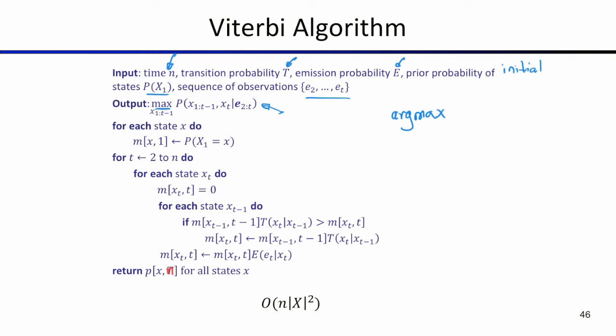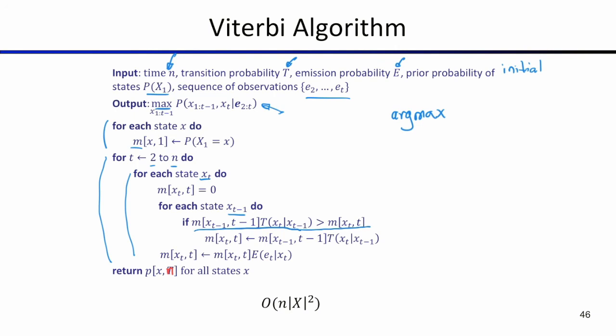So okay, the algorithm is very simple. We keep a table that we now call M. It has the initial probabilities. We iterate for all time steps, t from 2 to n, and we iterate for each possible state xt and xt minus 1. Basically we are checking for the maximum, right? We do this computation here, checking if the previous state times the transition probability is going to be larger than what we have stored.